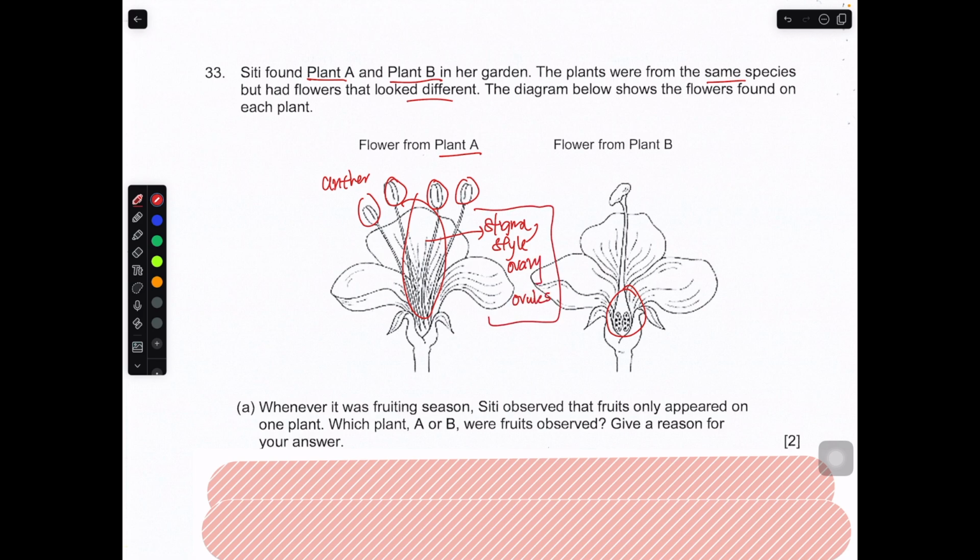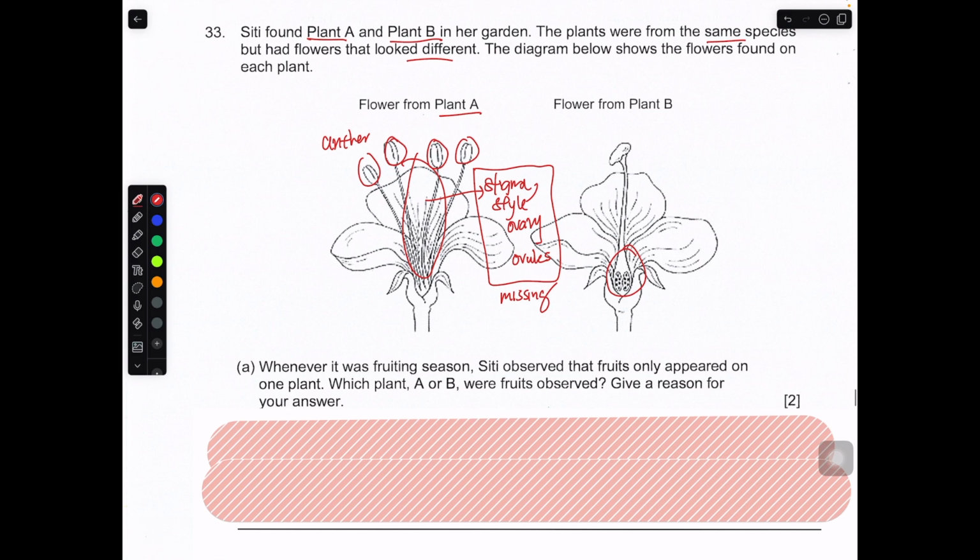They are all missing. Okay, so normally when we see this, this one is female absent, that means no female part. When we see this, this part will be female present.